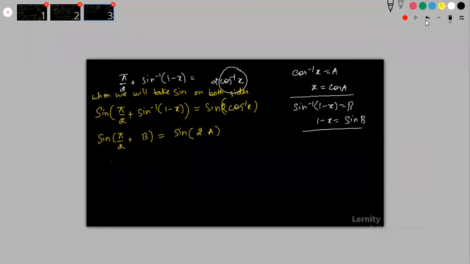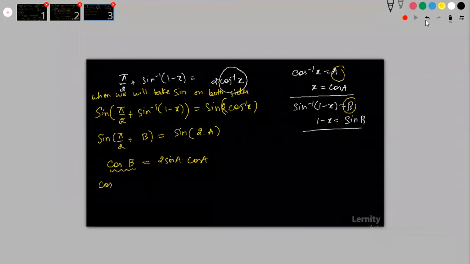Sine of pi by 2 plus b is cos of b, and sine 2a is what? 2 sine a into cos a, right? Now cos of b, if I substitute the values of b and a, cos of b will be what?